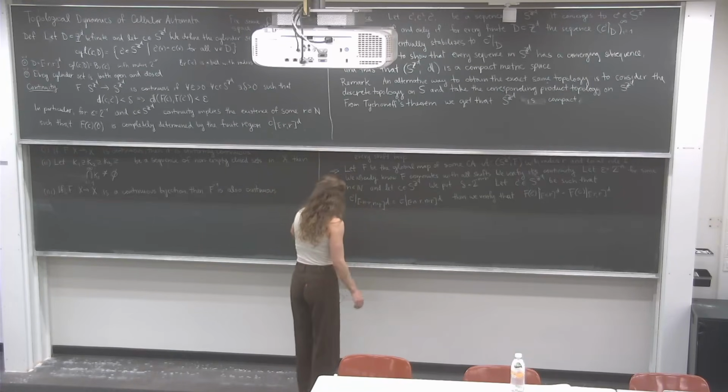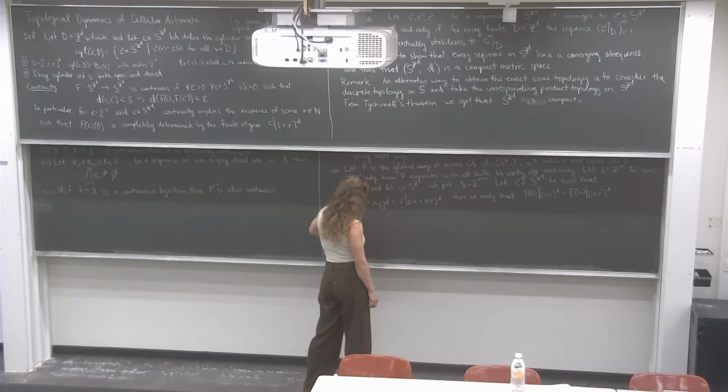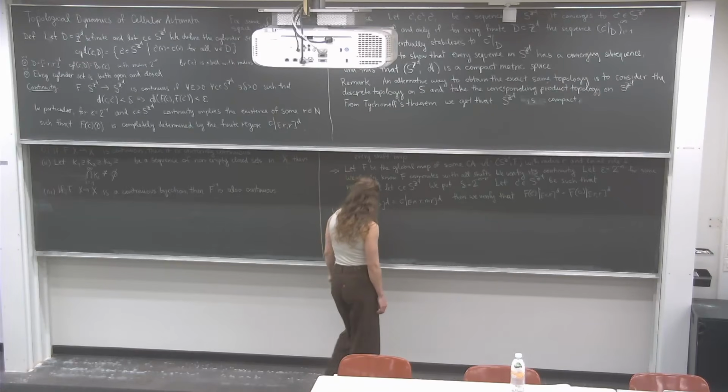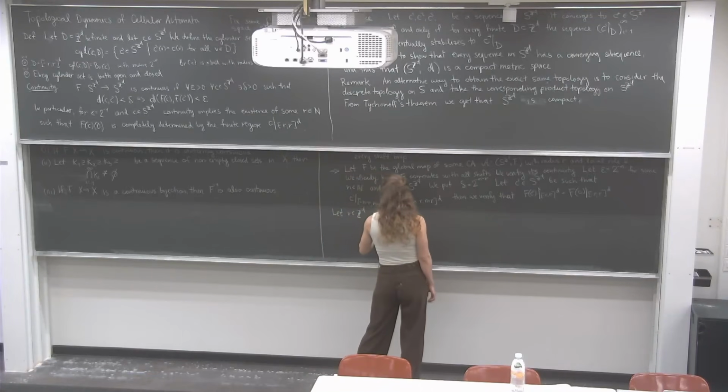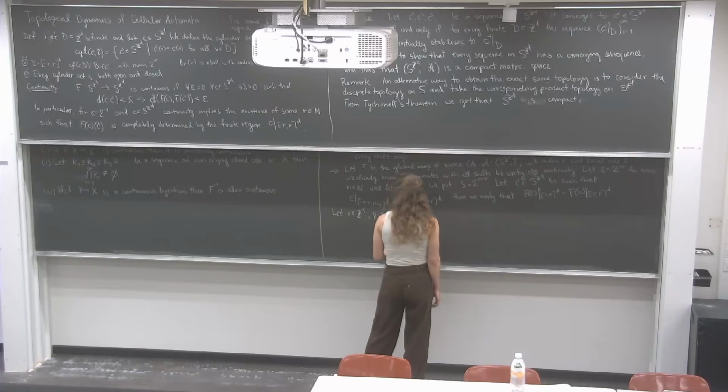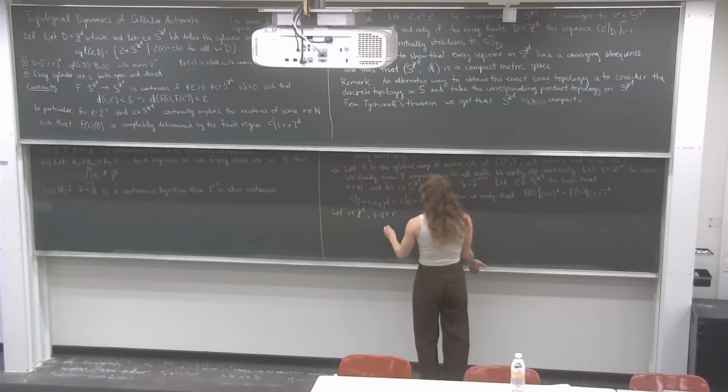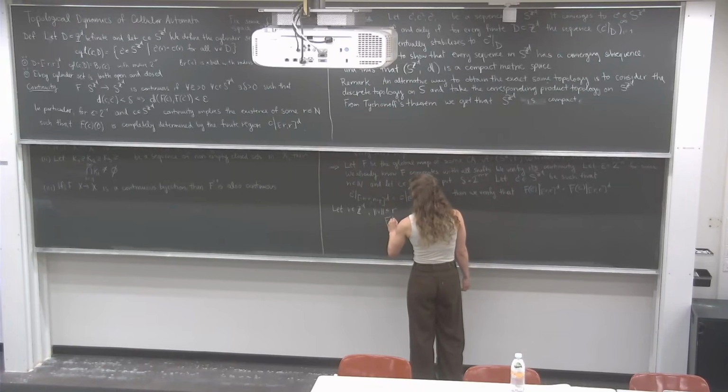So let v be a vector whose norm is at most n. We will look at F(C') at position v.